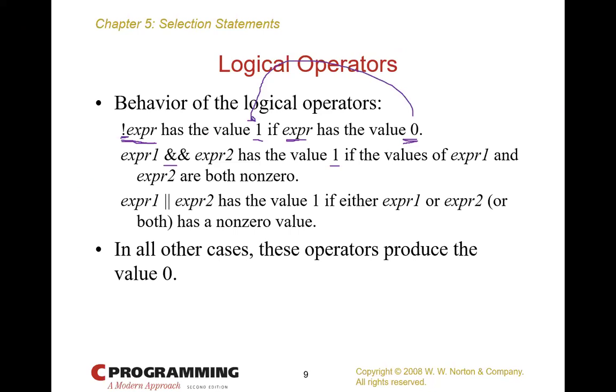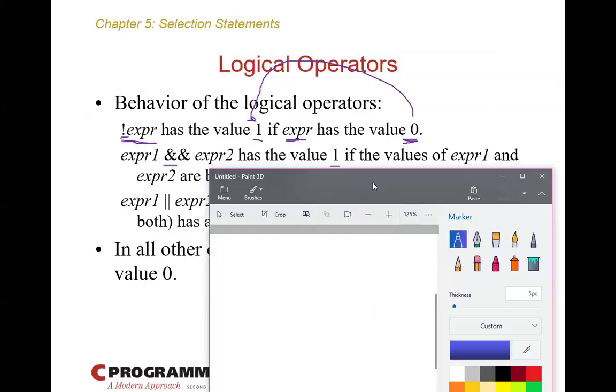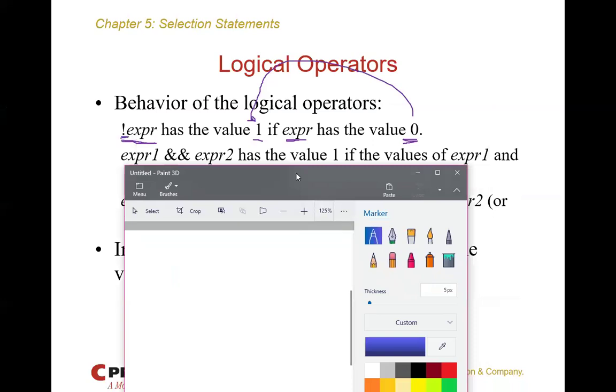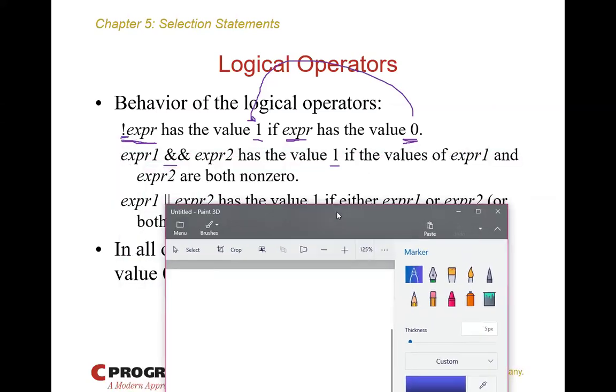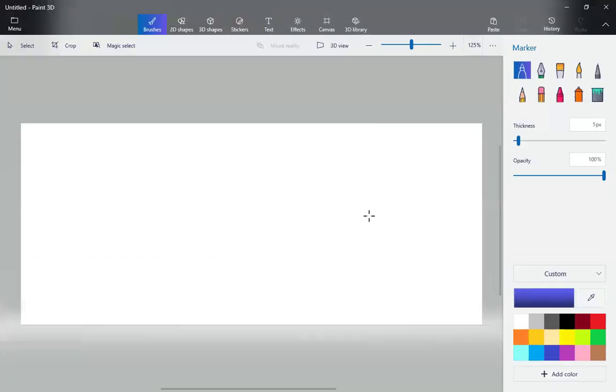So here we have expression 1 and expression 2, or expression 2. Instead of writing expression 1 and expression 2, I would just write x and y. So expression 1 will be x. Let me reduce the size of my pen.